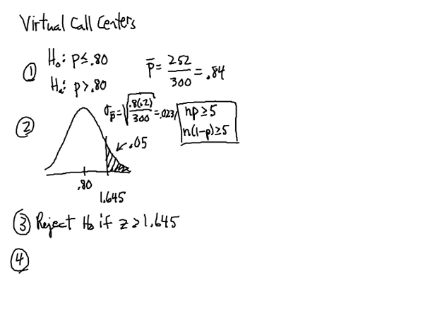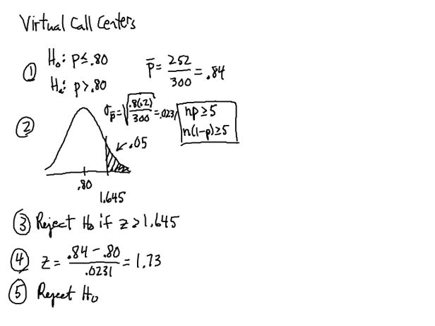And to calculate the test statistic, the z-score, I'm going to take my sample percentage, p-bar, it's called, and subtract what I'm testing against, divided by my standard error of 0.0231, and I get 1.73. So step 5 is reject h sub 0.